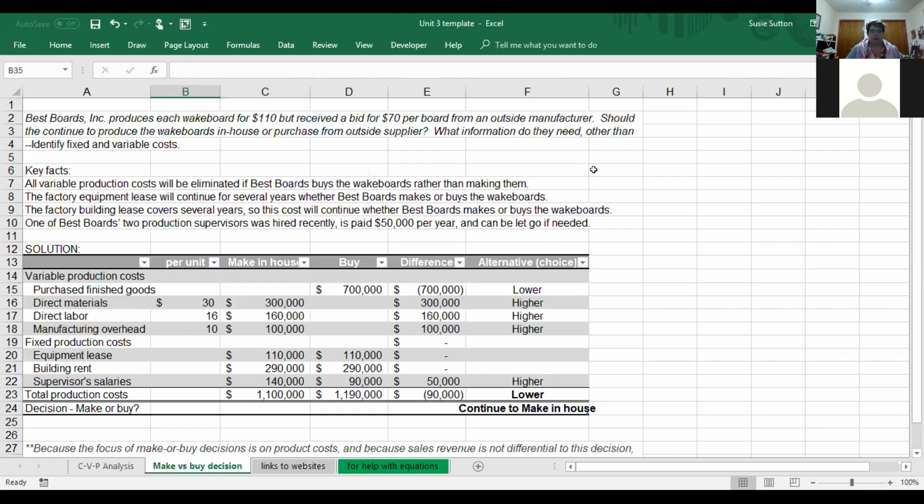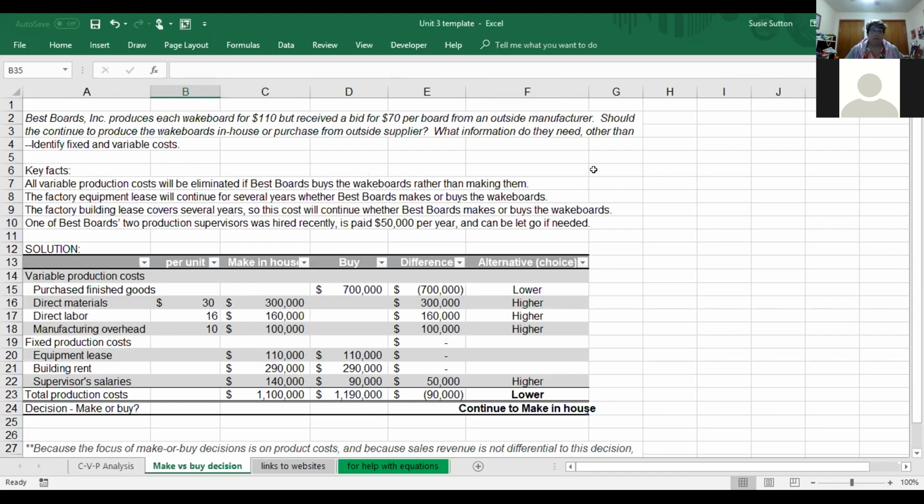So that would be a true fixed cost. They still have to continue paying on the equipment. The factory building lease covers several years as well, so that would continue whether they buy or make the wakeboards.